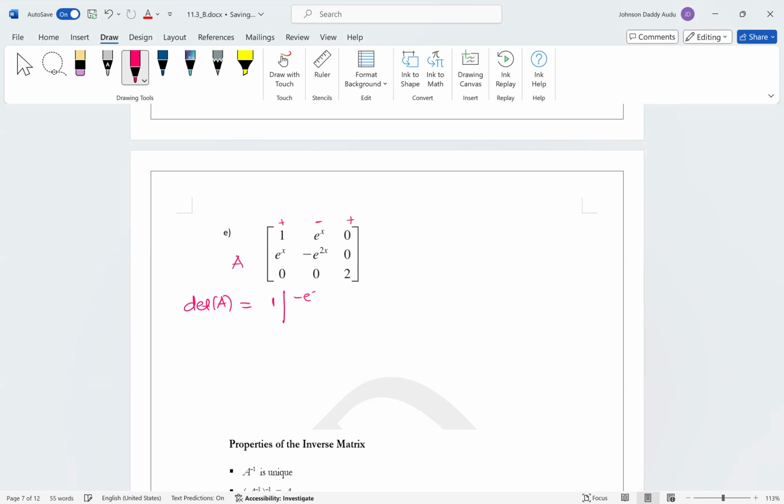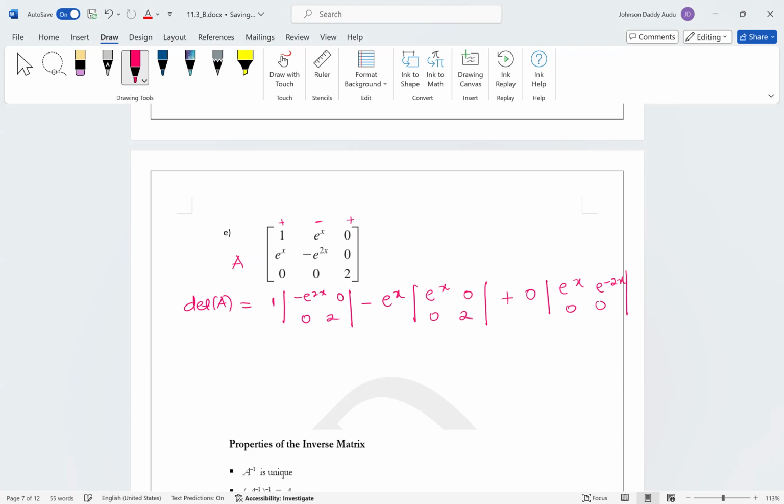So you have minus e^2x, 0, 0, 2. Then minus e^x. Then down this, you close this, you close this. So you will have e^x, 0, 0, 2. Then plus, now you have 0. Then you close this, you close this. So you take the determinant e^x, e^-2x, 0, 0. Right.